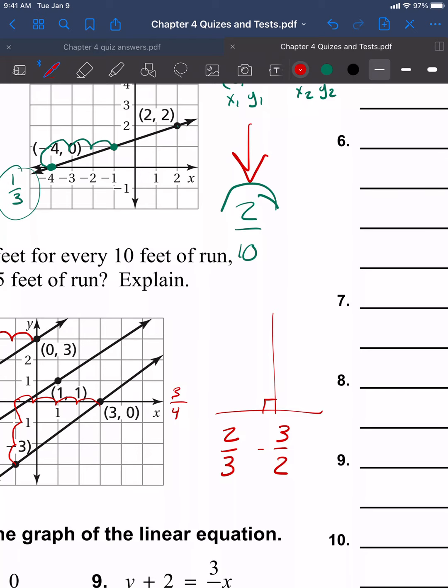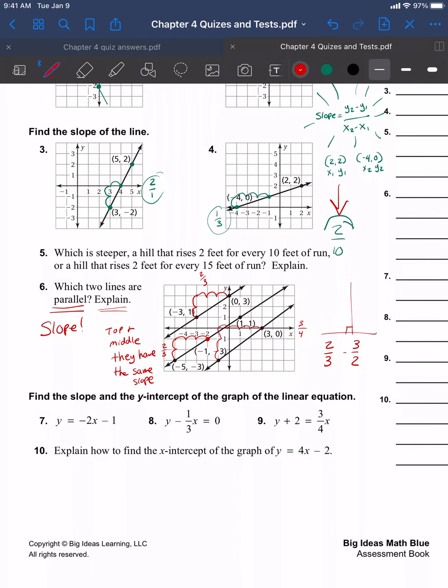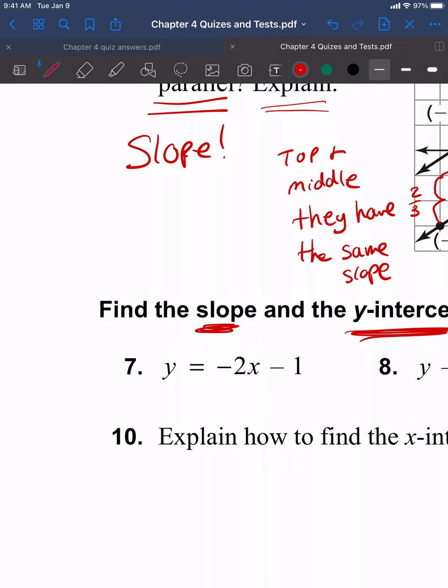Okay? Any questions on 5 and 6? Got it? Okay. 7, 8 and 9 say find the slope and the y-intercept of the graph. It does not say to graph it. Just find the slope and the y-intercept. How easy is that? Number 7. What is the y-intercept? -1.